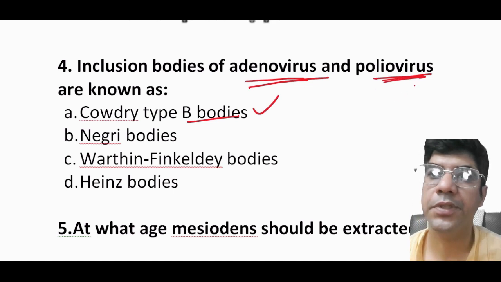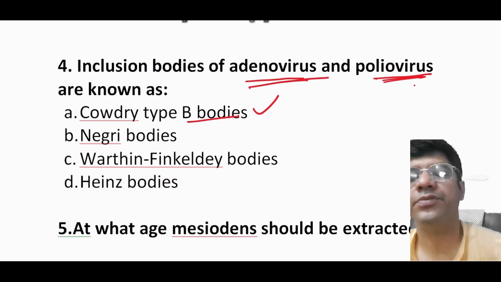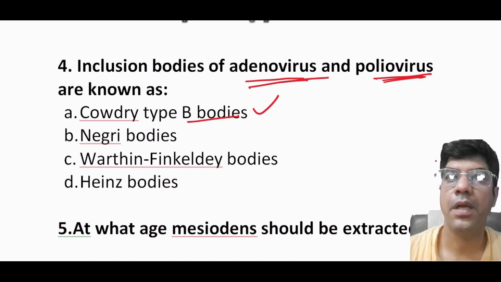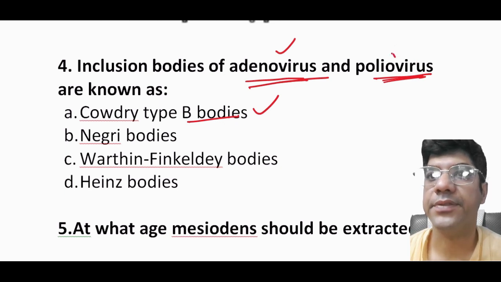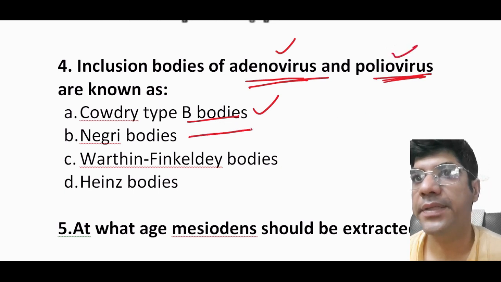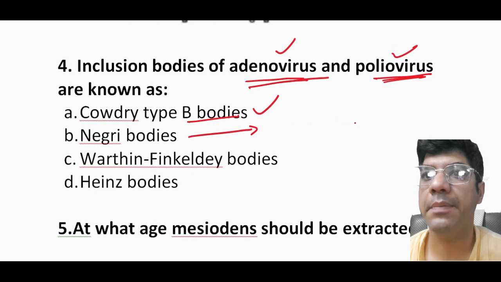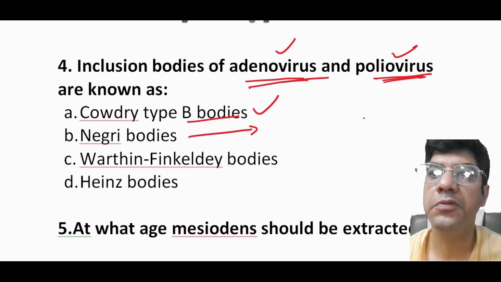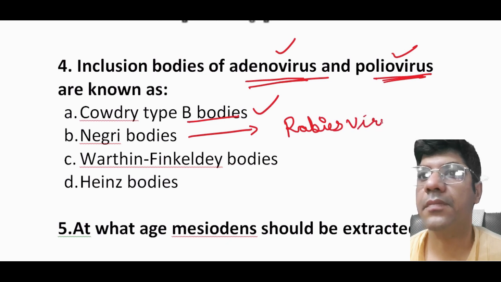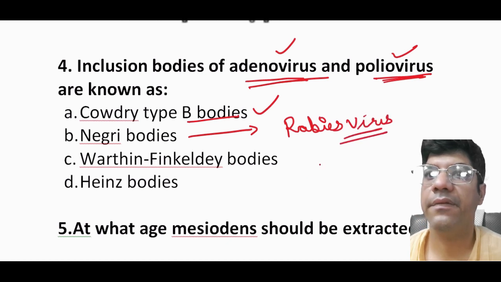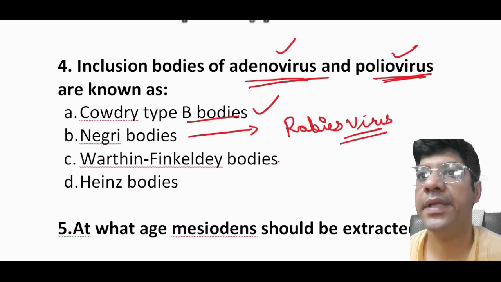These are the inclusion bodies seen in infections caused by certain viruses, including adenovirus and poliovirus. The Negri bodies are inclusion bodies observed in neurons affected with the rabies virus. The Warthin-Finkeldey bodies are seen in measles.